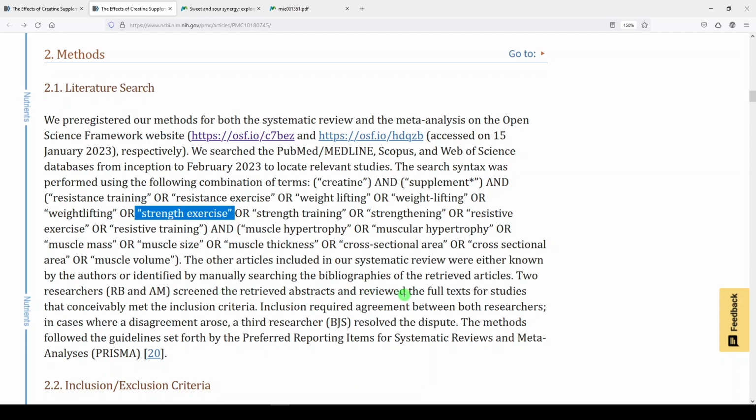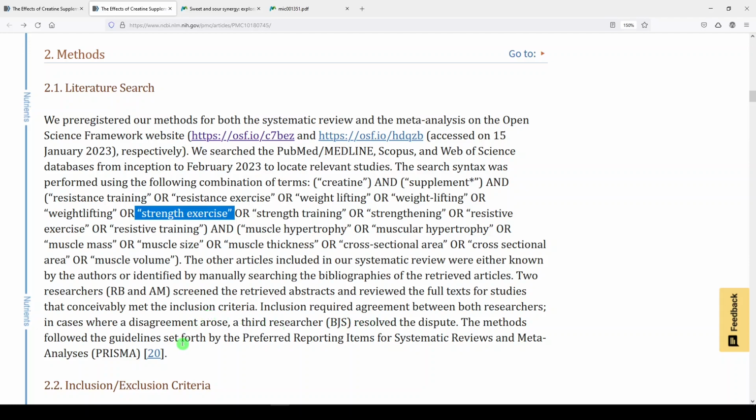And reviewed the full text for studies that conceivably met the inclusion criteria. Remember, we always need inclusion and exclusion criteria in a systematic review that should be set from the start. Inclusion required agreement between both researchers in cases where a disagreement arose. A 3rd researcher, Dr. Schoenfeld, resolved the dispute.